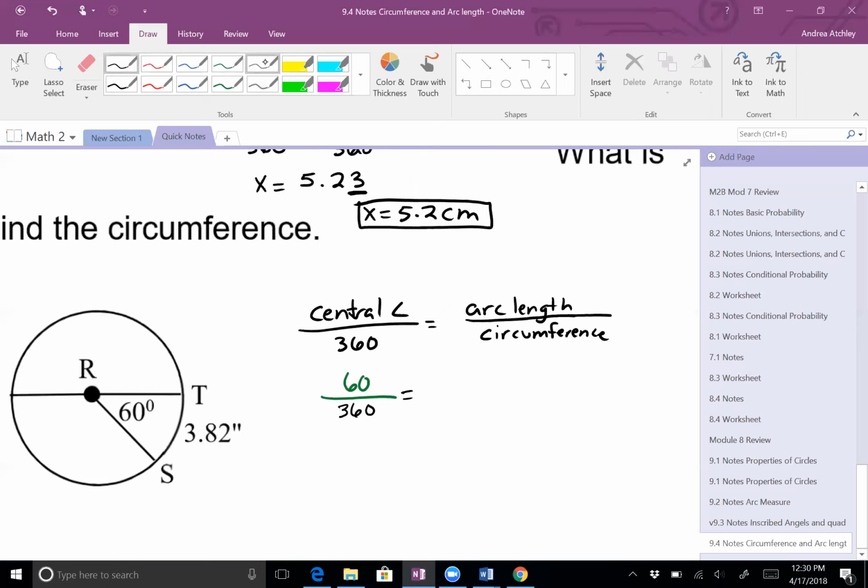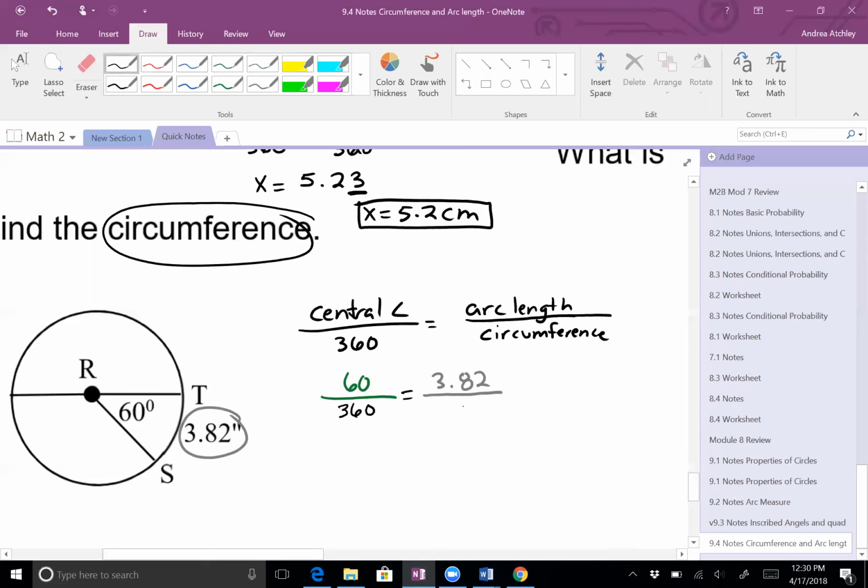The arc length is given to us right here, 3.82, over my circumference is what I'm looking for. They said find the circumference, so that's my x on the bottom.